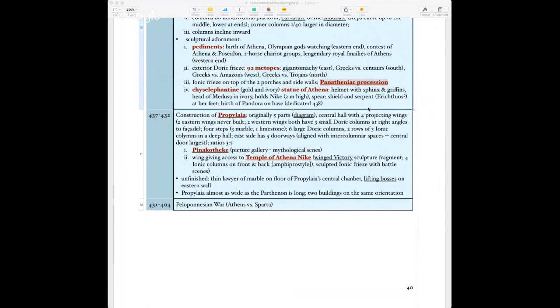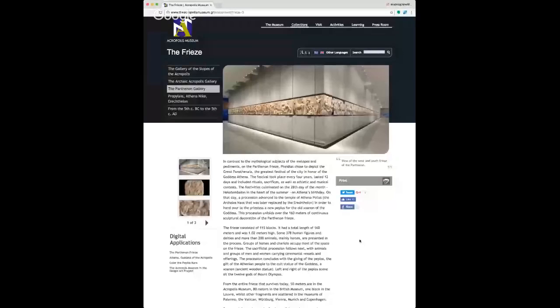These famous marbles give us an idea of this religious festival that the Athenians held once a year, where many of the citizens came together in a huge procession, with musicians and people carrying baskets, trays of cakes, and priests and 100 bulls marching up to the Acropolis to make a huge sacrifice to Athena and bring her a new dress, a peplos that was specially woven.